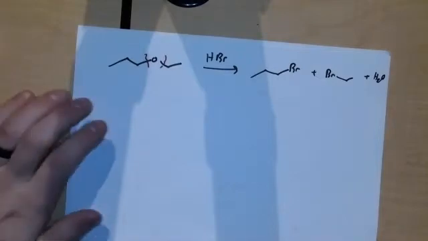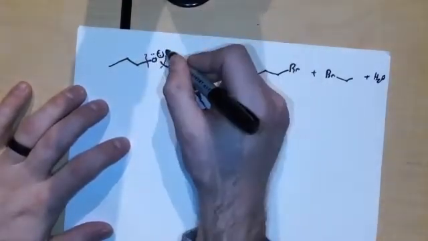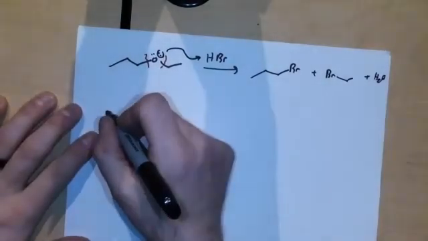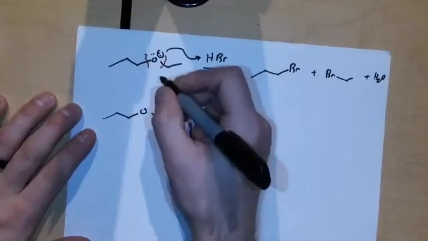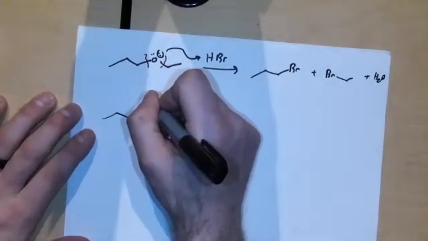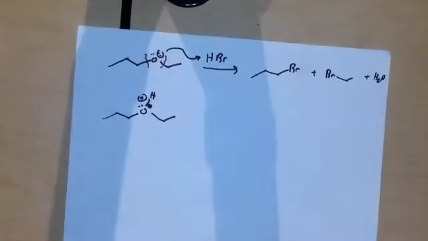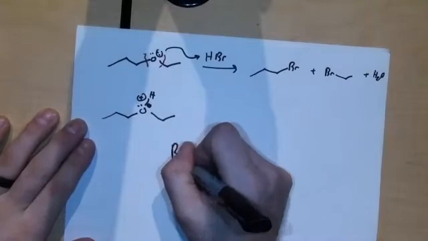So how this happens, we're going to pick up a proton. If we protonate this, this can be attacked by a Br.